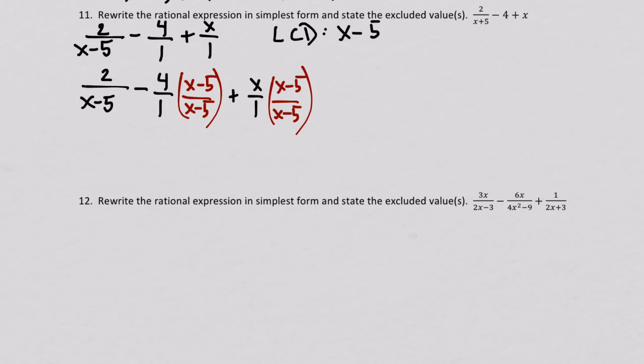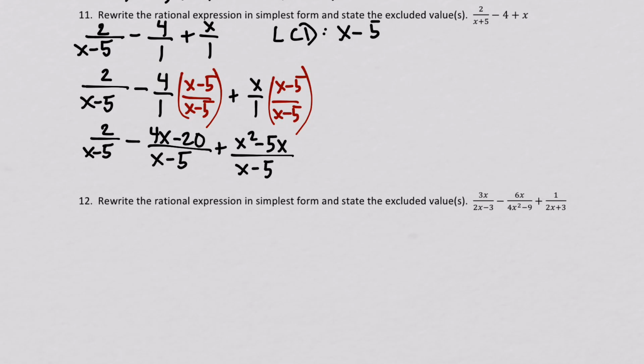Simplify that down or multiply it out and you're going to get 2 over x minus 5 minus 4x minus 20. All I did here was multiply the 4 times the x into the negative 5 over x minus 5, plus x squared minus 5x over x minus 5.